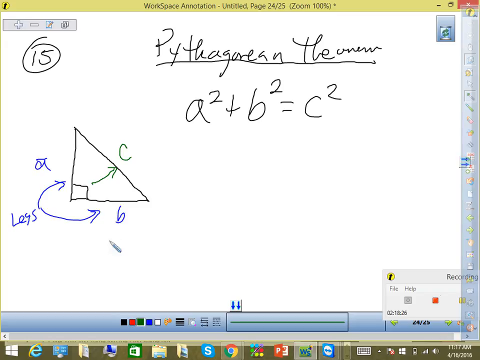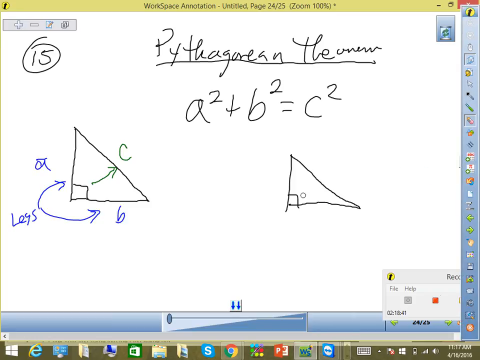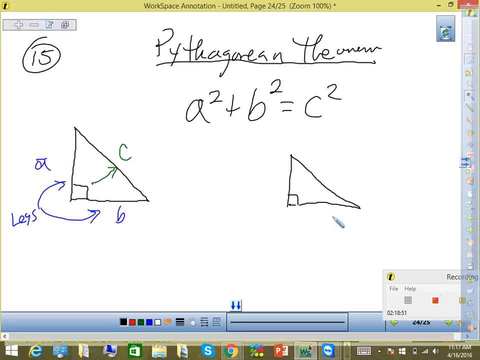Okay? So, here we go. With that said, now that we have our model here, draw a little right triangle right here. You sneeze? Oh, bless you. All right, here we go.